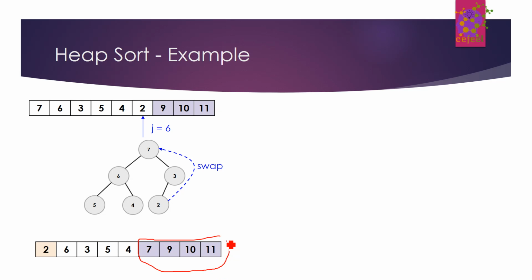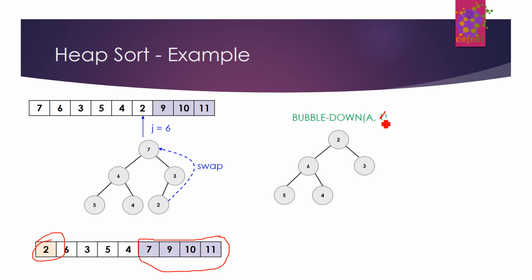We have 4 maximum elements sorted at the end, but 2 has been misplaced and has to be bubbled down till it finds its position. So we'll call bubble down A1, which means bubble down 2. You can actually ignore the 1 here because we are anyway doing bubble down from the root, so we are just doing bubble down root.